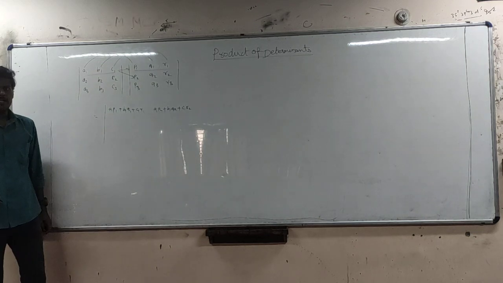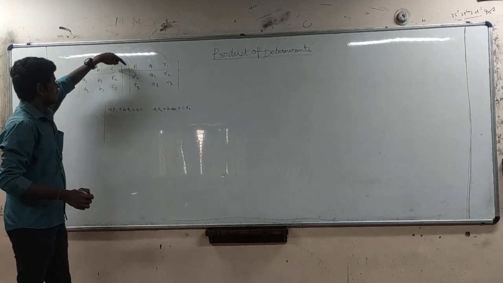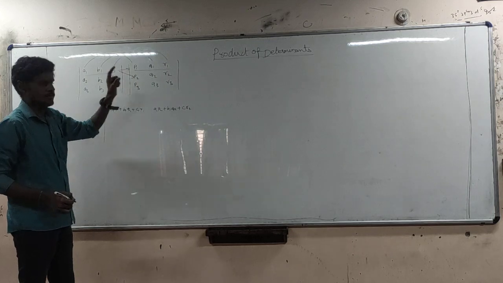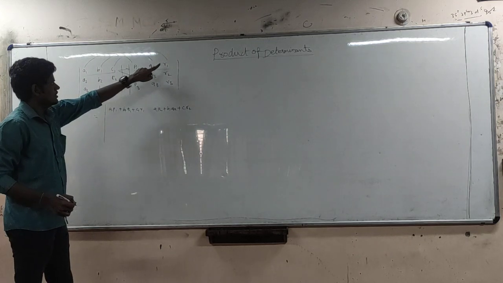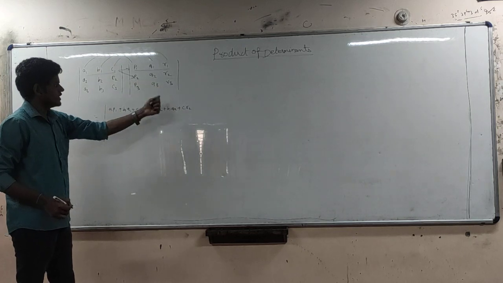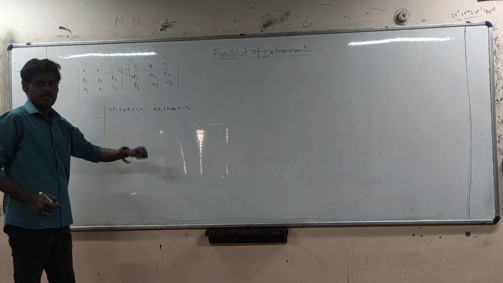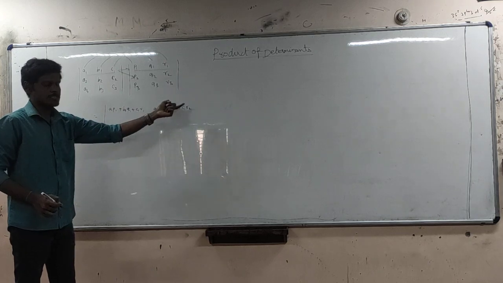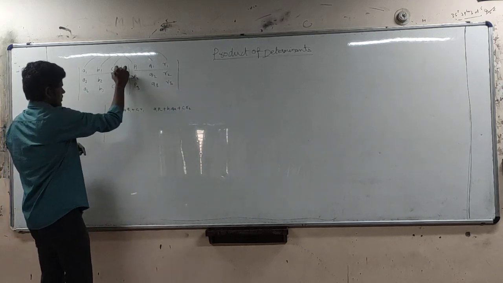Do we get what I am saying? Multiply corresponding elements: first row to first row is the first element, first row to second row is the 1, 2 element. Again multiply.